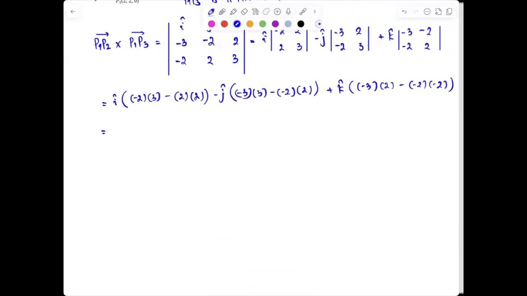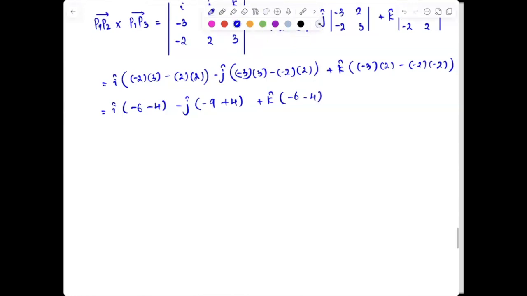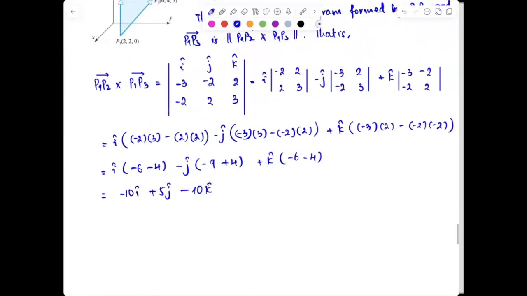So the first component gives you -6 minus 4. The second component, j hat, gives you -9 plus 4, plus k hat. And the last component is -6 minus 4. And so you got -10i plus 5j minus 10k. This is the cross product between the two vectors P1P2 and P1P3. And if you take the magnitude of this resultant vector, you're going to have the area of the parallelogram.